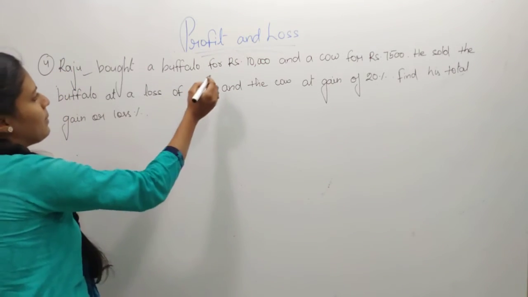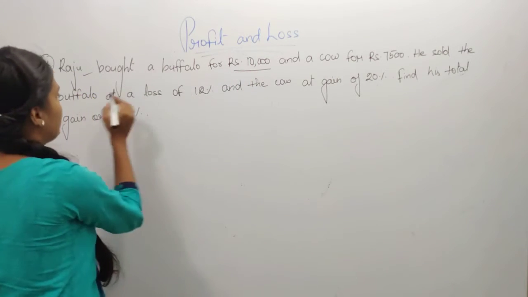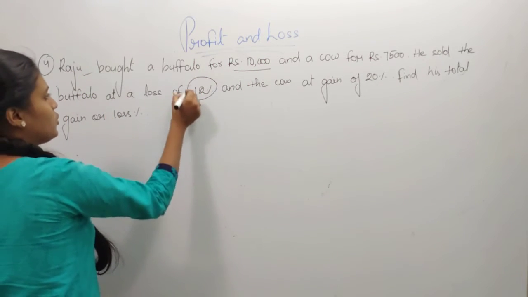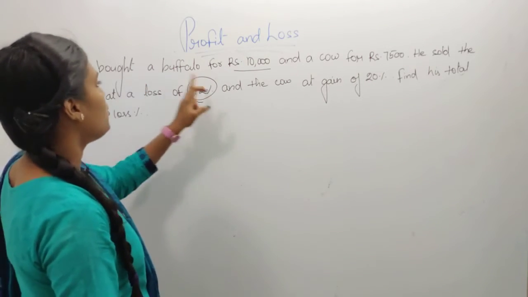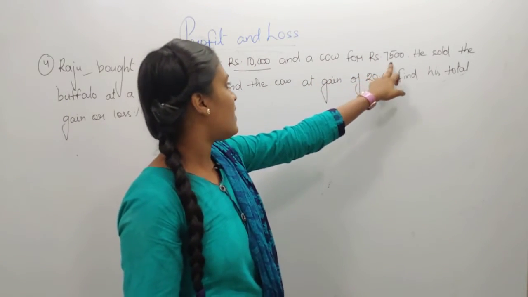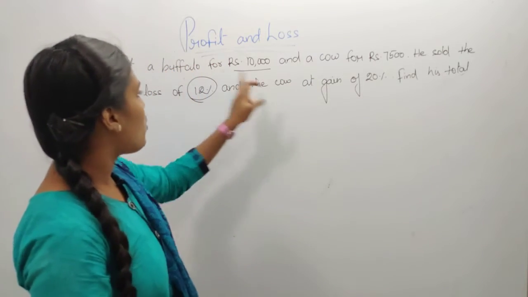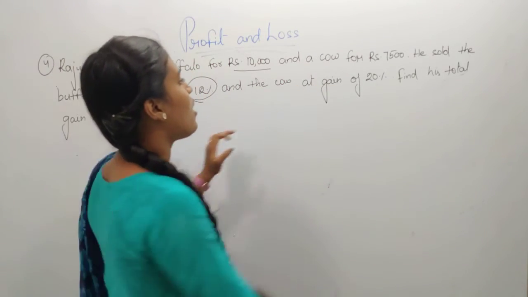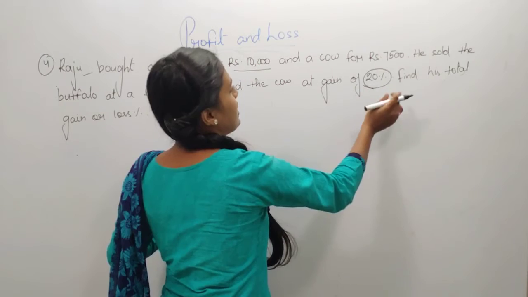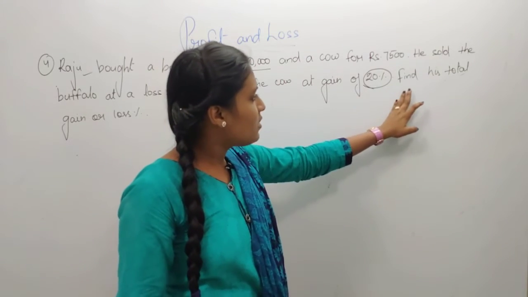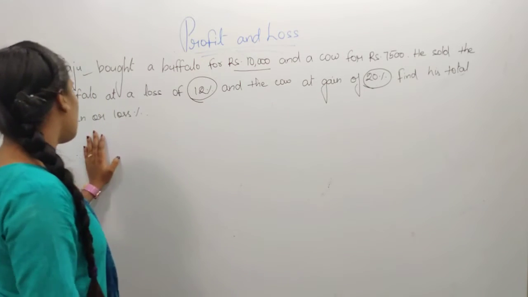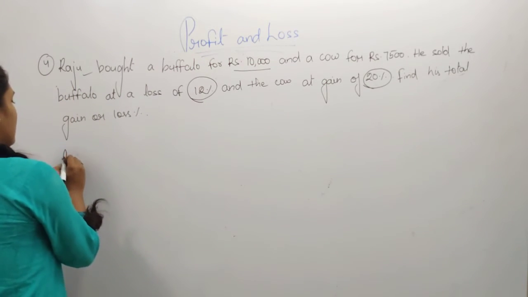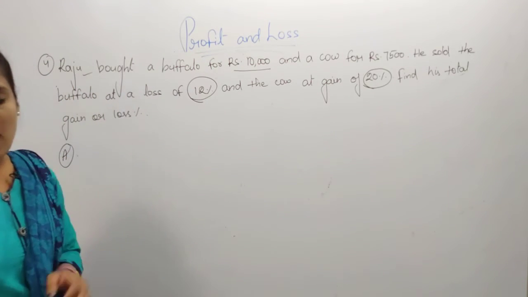And in the same way, he sold the cow at the gain of 20%. Now, what is to be found? Find his total gain or loss percent. We have to find whether it is gain percent or loss percent.